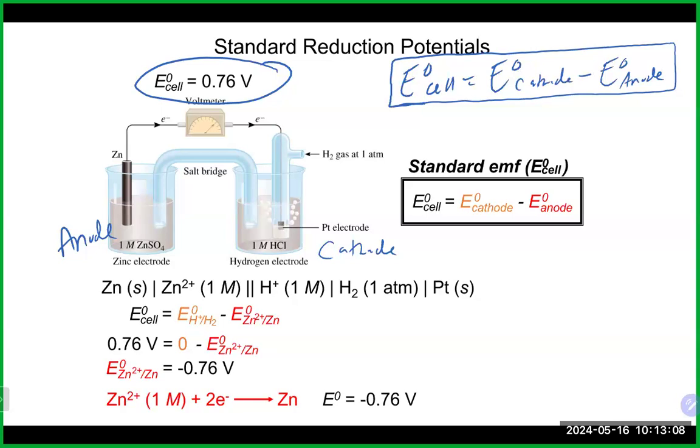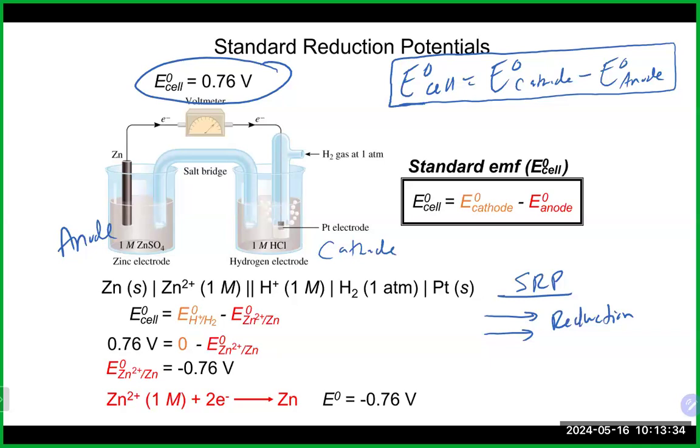The purpose of taking your cathode minus your anode is this: if you go to the SRP table where you would find these values, every single one is written as a reduction reaction, which means in theory, for the anode one you need to take the reaction there and actually reverse it.